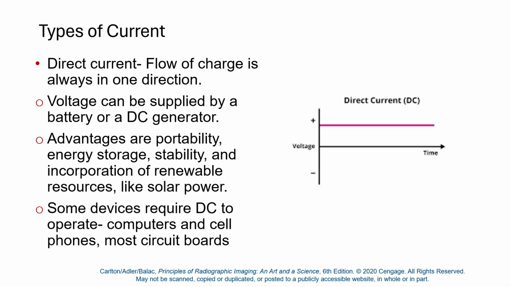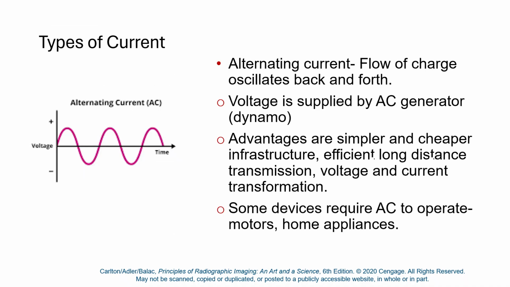Some devices require DC to operate. Most of our computers, cell phones, and most circuit boards run on DC electricity. And you can get a more consistent voltage out of DC. It's a more constant voltage, most times.